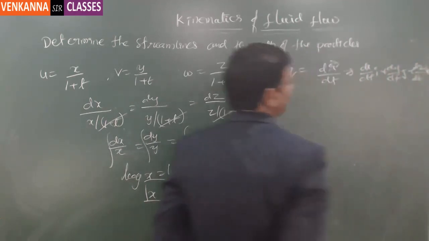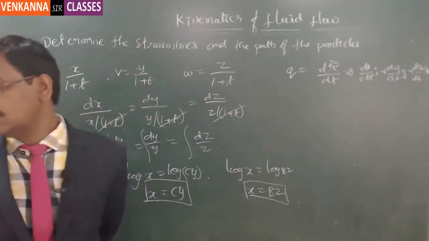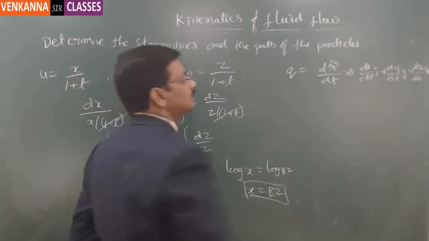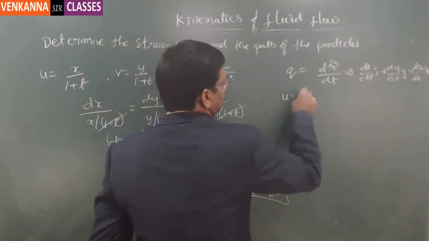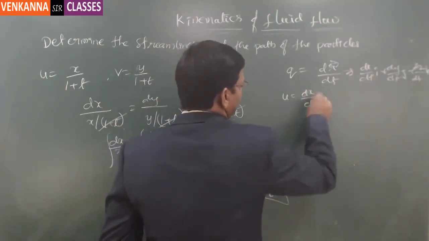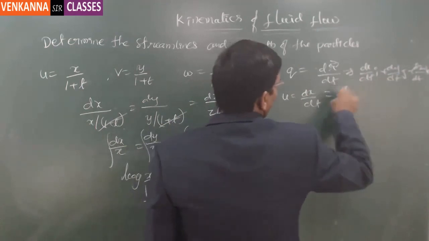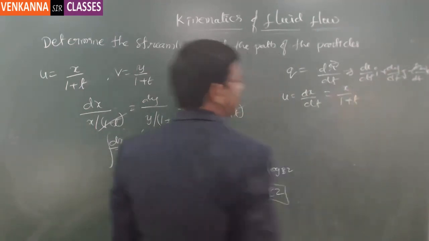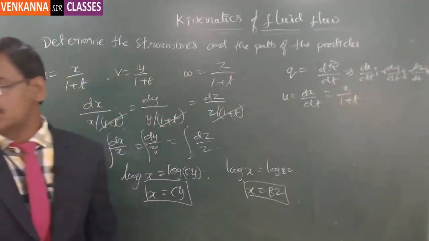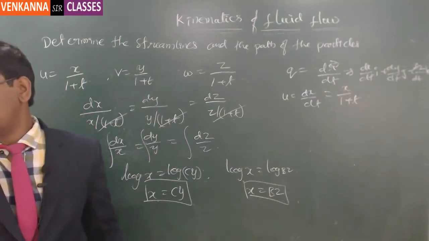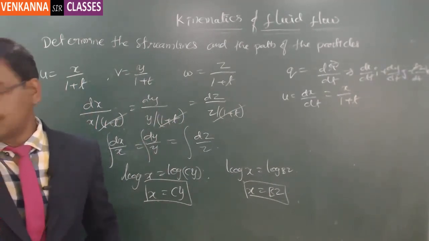So this is the velocity, right? So u is equal to dx by dt, which is given as x by 1 plus t. Similarly, v is equal to y by 1 plus t and w is equal to z by 1 plus t.